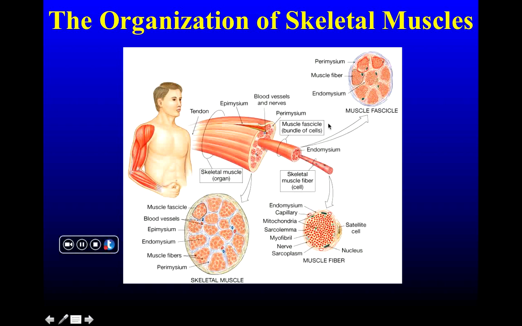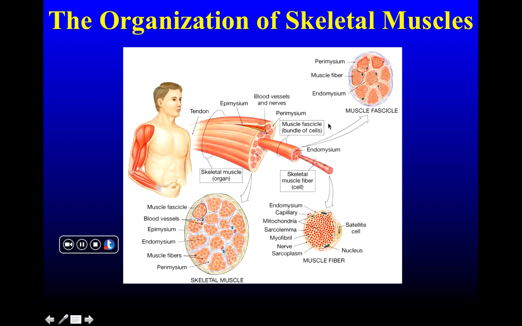Right? Groups of muscle cells make a fascicle. Groups of fascicles make a blank. That's right, a whole skeletal muscle. So skeletal muscle is made up of groups of fascicles, which are made up of groups of muscle cells or muscle fibers.